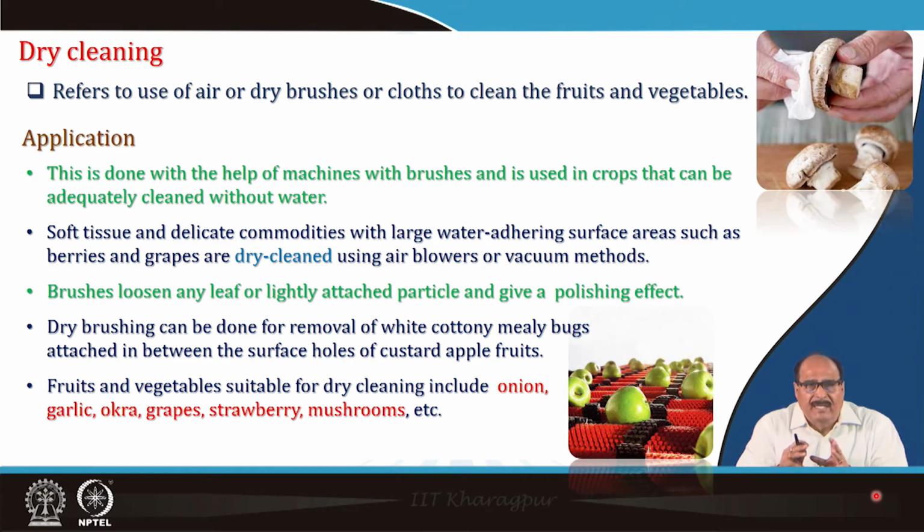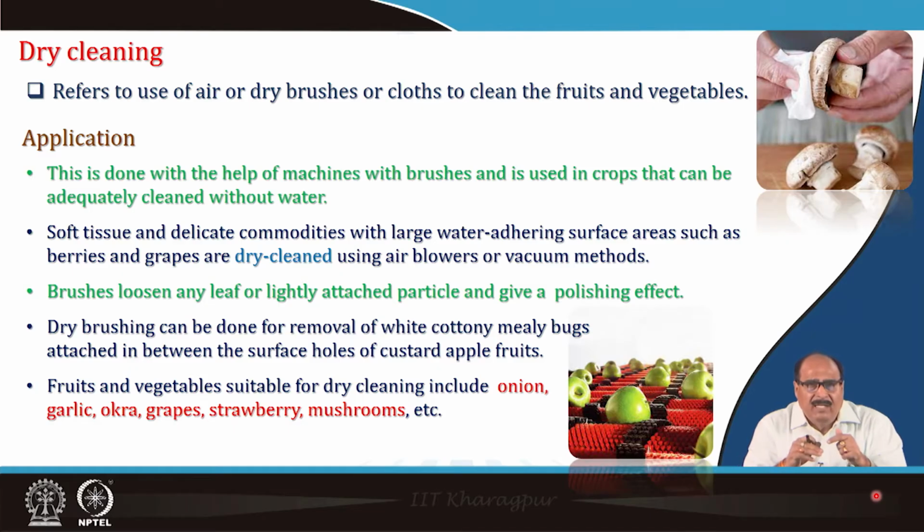Soft tissues and delicate commodities with large water adhering surface areas such as berries and grapes are not very good commodities for wet cleaning. So, they are generally dry cleaned using air blowers or vacuum methods.